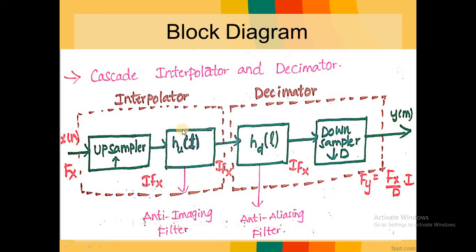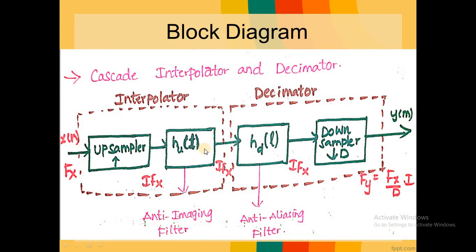Okay, see this block diagram. For obtaining sampling rate conversion by a rational factor, we are cascading both interpolator and a decimator. Here we have an upsampler, and H_U of L is an anti-imaging filter.